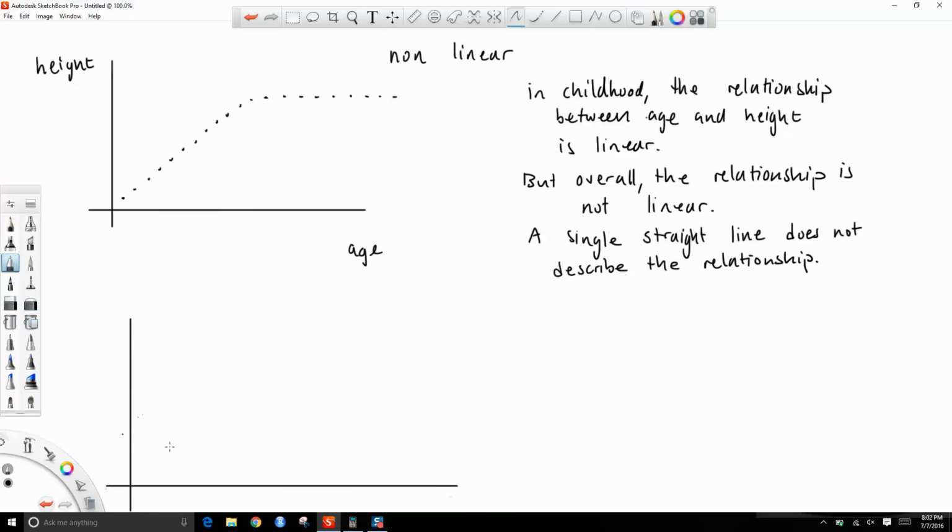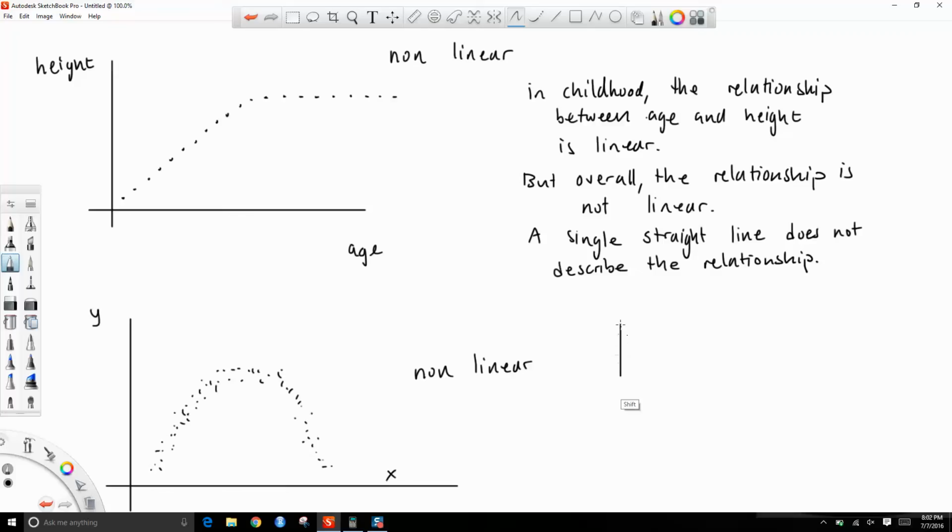You might have data that goes like this, okay, where the overall relationship looks something like this. I don't know what this is, X and Y, okay? So again, nonlinear.